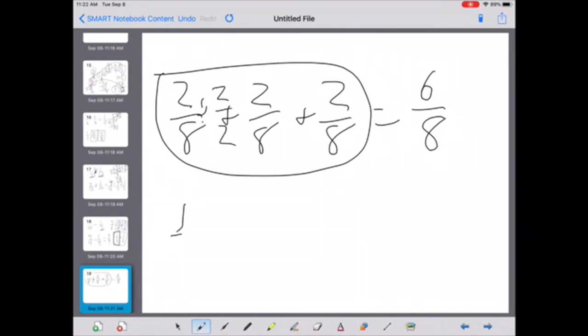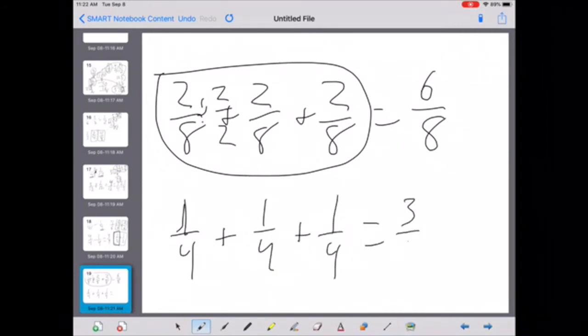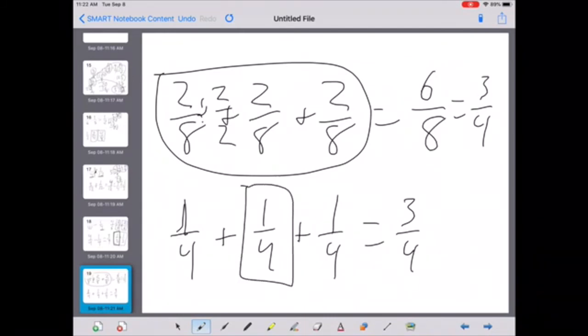So I divide by 2 over 2, which equals 1/4. So 1/4 plus 1/4 plus 1/4 would equal 3/4. What does 6/8 reduce to? 3/4. So what's my answer for 28? This one right here. I need 3 of 1/4 to get there.